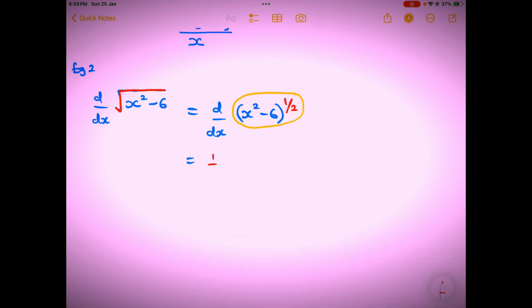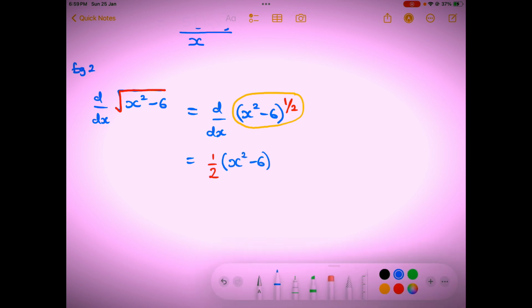So the 1 over 2 will come down like this, and then I will keep the inside one as it is. Then the next thing is to minus 1 from the 1 over 2. When we minus 1 from the 1 over 2, that gives me minus 1 over 2. So this is the first step. We have taken the derivative of this outside function.